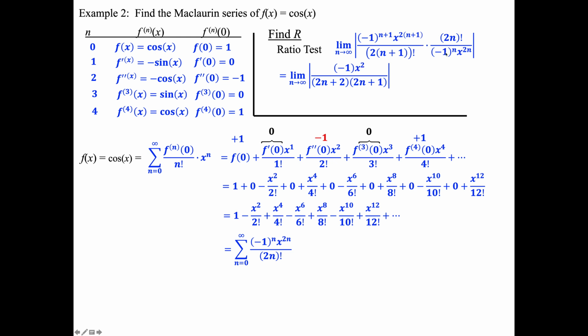And with your negative ones, we cancel everything out except for 1 negative 1, which we don't have to worry about anyhow because we're going to take the absolute value of that. So as n approaches infinity, of course, our denominator is getting bigger. So we're going to approach 0, which is less than 1, which tells us our r is going to be infinity. It converges for all of our x's.